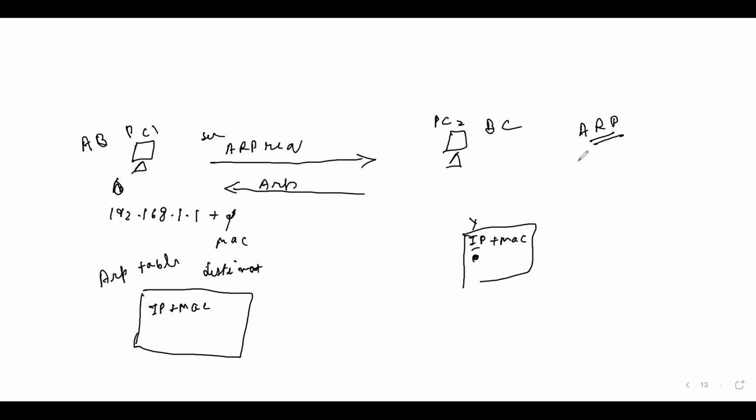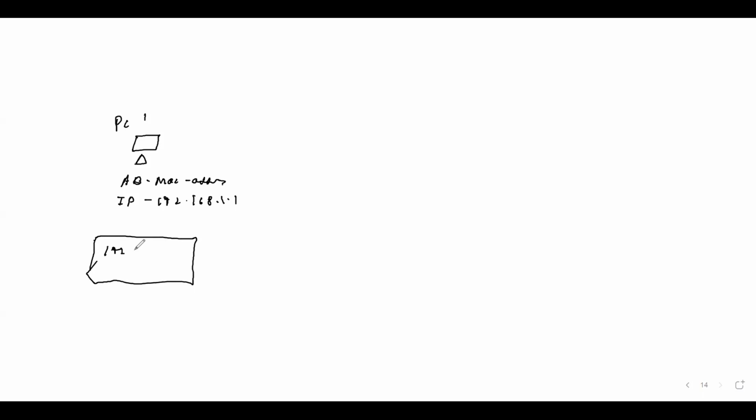They exchange it back, because they need every piece of information. Suppose this is the MAC address of PC1 and this is the IP. I have two pieces of information, so I already have a table of these two, right?